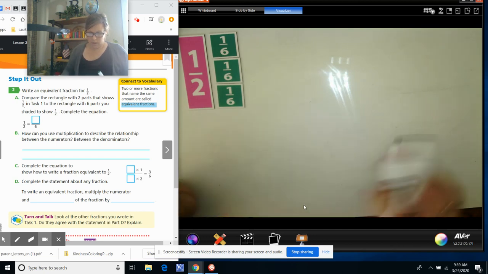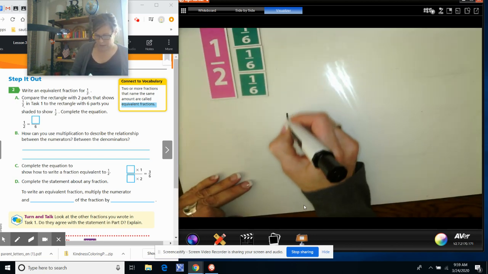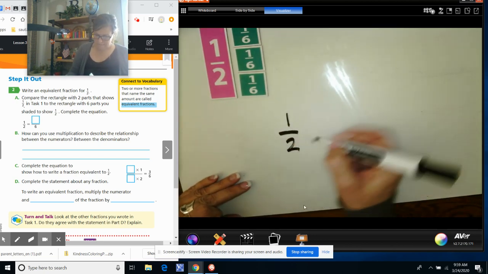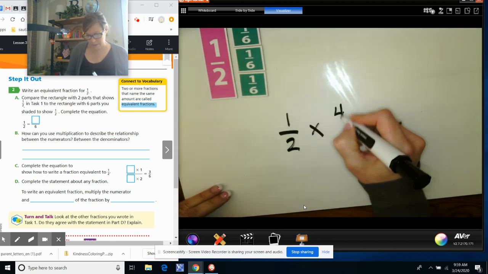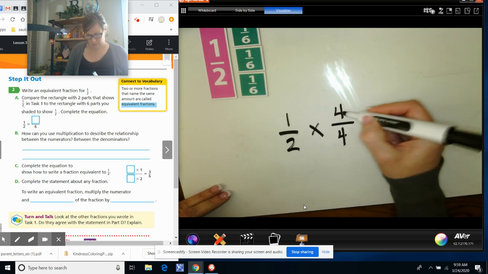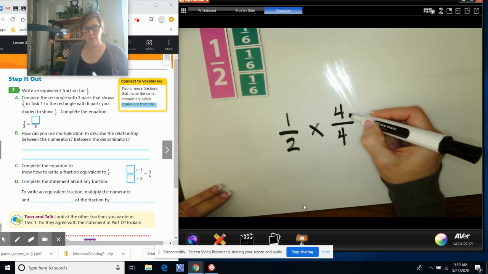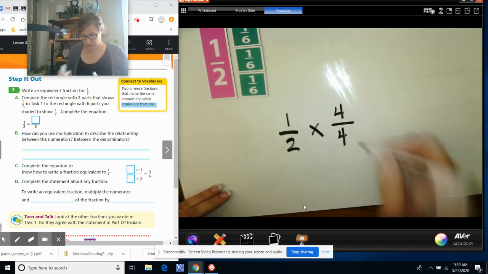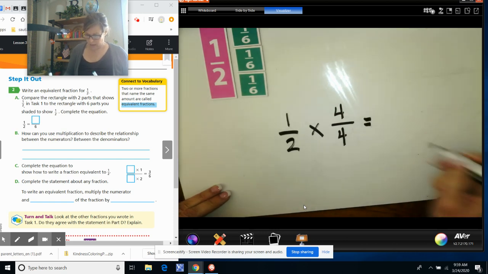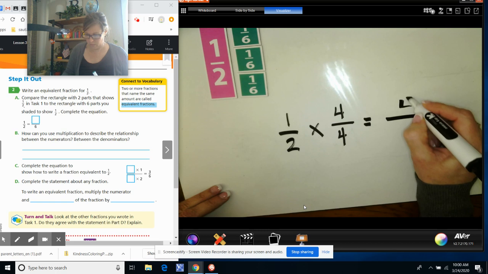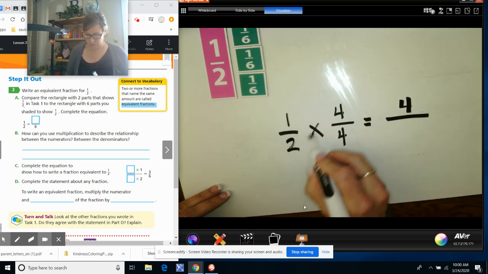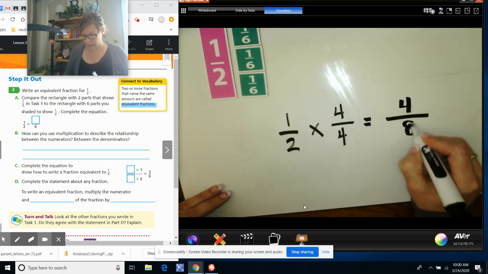So, if you were to take 1/2 and multiply it by the same number, 4 over 4, the same number in the numerator and in the denominator. I'm going to choose 4. Let's multiply the numerator first. 1 times 4 equals 4. 2 times 4 equals 8.